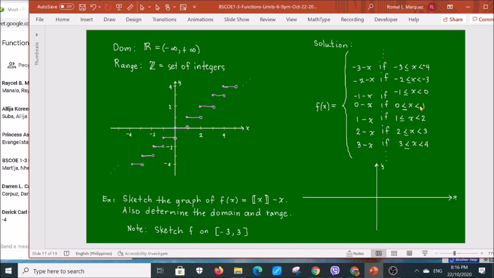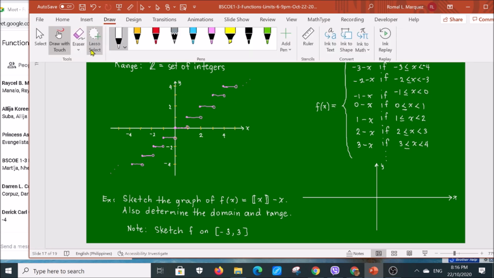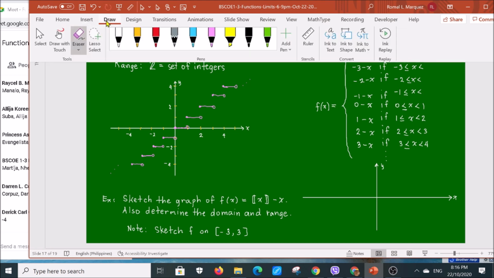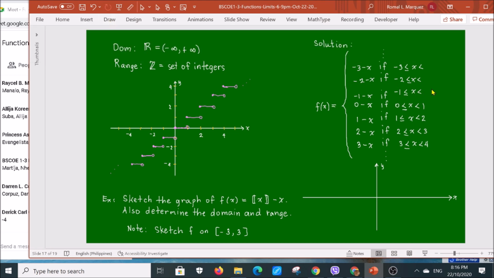Dapat dito 0, negative 1. This is negative 2. Because the interval is wrong. Because negative 1 to negative 2. Negative 2 to negative 3.